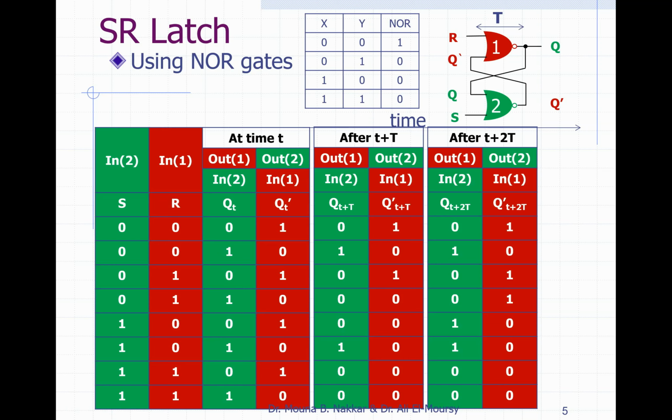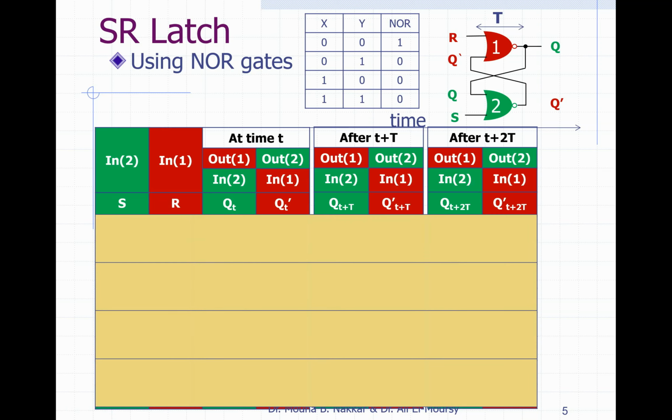Now we need to analyze how this circuit works, what the different functionalities of this circuit are. This circuit has 4 combinations of external inputs, S and R. We need to analyze for each of those cases what is happening to the output of the circuit after tau or after 2 tau.